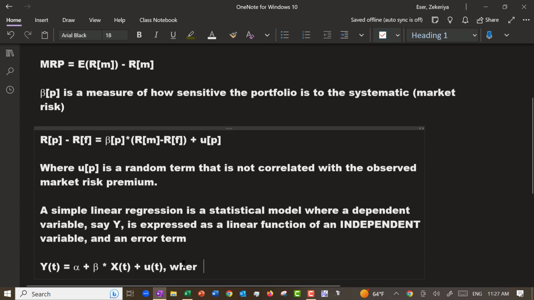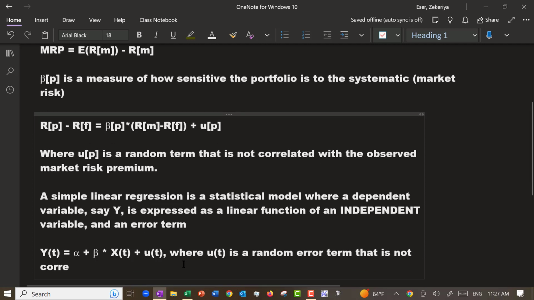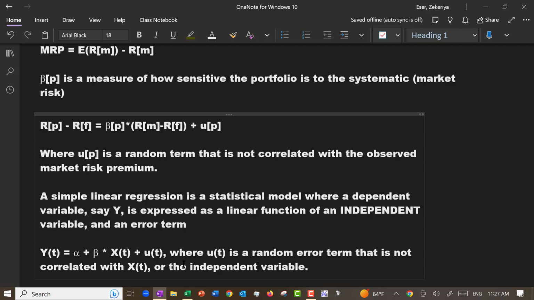Where ut is a random error term that is not correlated with xt or the independent variable. If you had data on both y and x, there are statistical methods that are going to allow us to have estimates of alpha and beta.